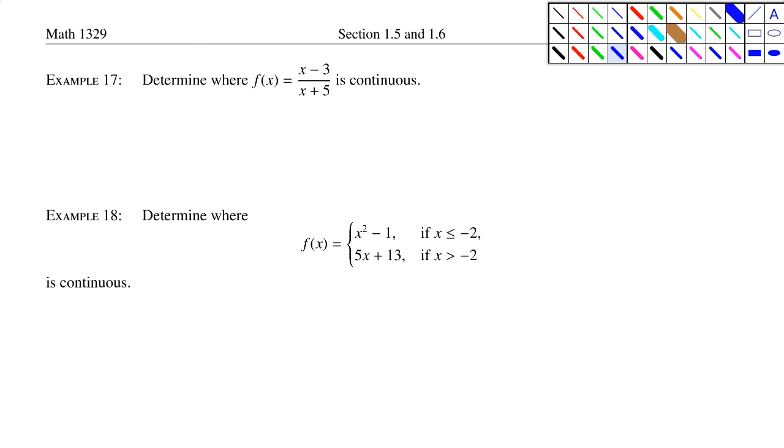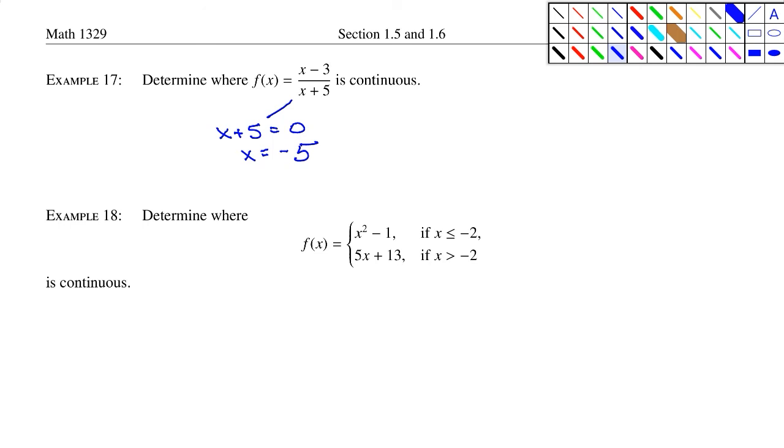Example 17. Determine where f of x is equal to (x minus 3) over (x plus 5) is a continuous function. So a function is continuous everywhere it is defined as long as it passes those other criteria. Well, here's good news. This is a rational function. A rational function is continuous everywhere that its denominator is not equal to 0. So I'm going to set the denominator equal to 0. We get -5.